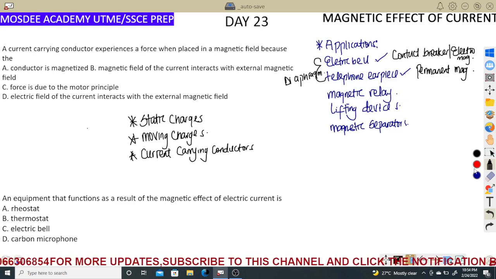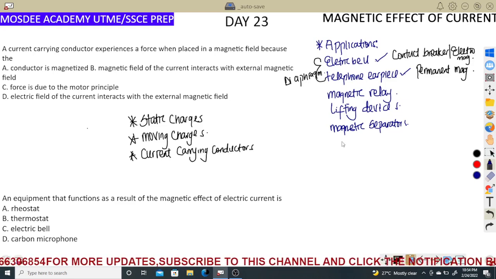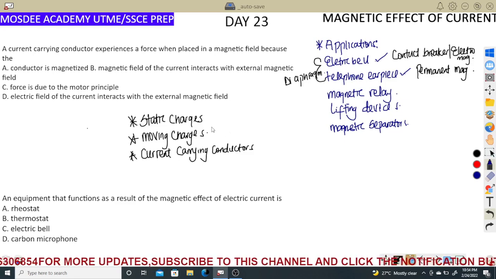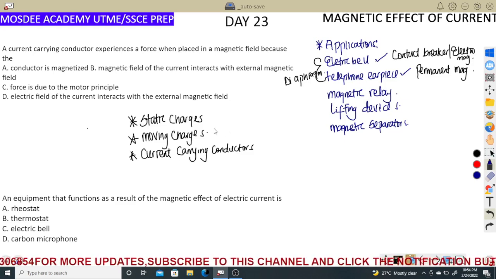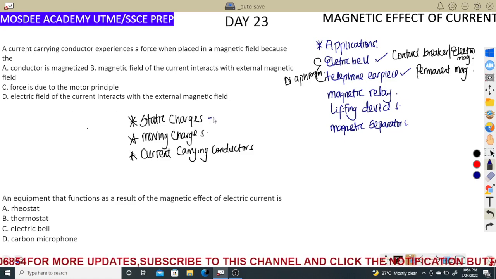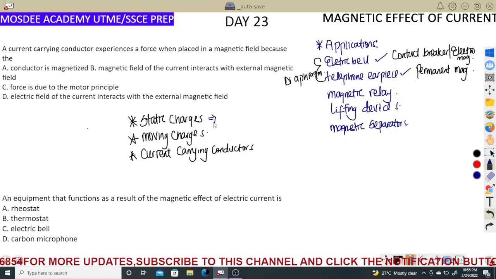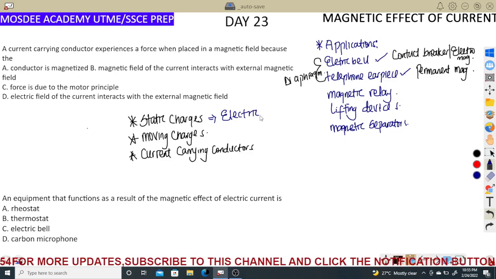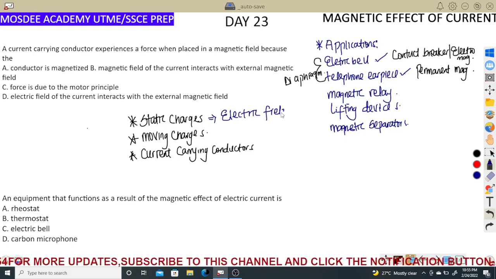Now, when we talk about the total electromagnetic force that is produced, in static charges, charges at rest, they only produce electric field. I have said that under the concept of electrostatics.